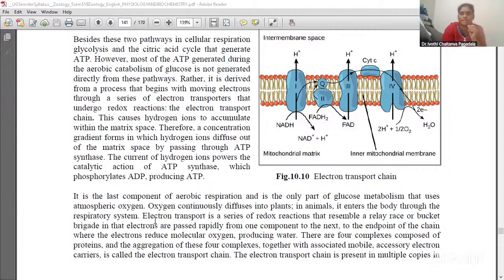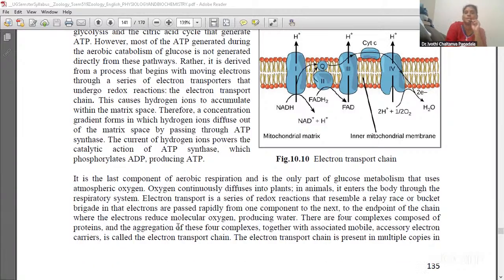Electron transport is a series of redox reactions that resembles a relay race, in which electrons are passed rapidly from one component to the other to the end point of the chain, where the electrons reduce molecular oxygen and produce water.